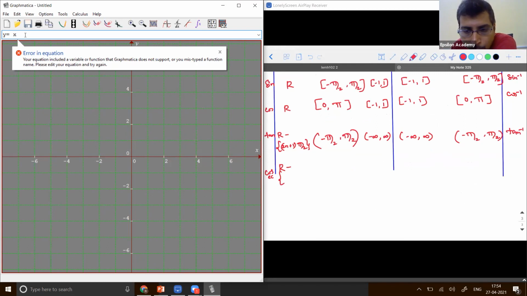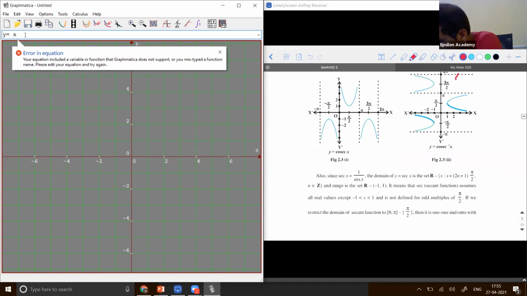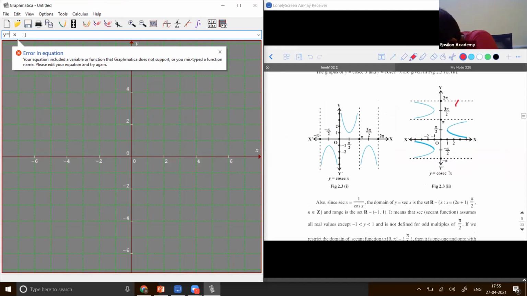So what is the answer? R minus n pi, where n belongs to Z. Now, you look at the graph.